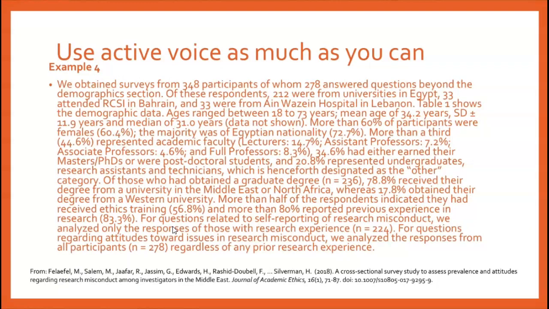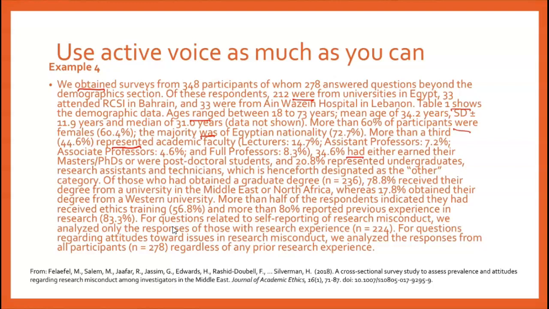Another example, this comes from the study that we've also looked at a few times from the Journal of Academic Ethics on research misconduct in the Middle East. We obtained surveys, present tense, were from, present tense, shows, present tense, arranged, more than a third represented, majority was, more than were female, I'm even missing some of the verbs here.